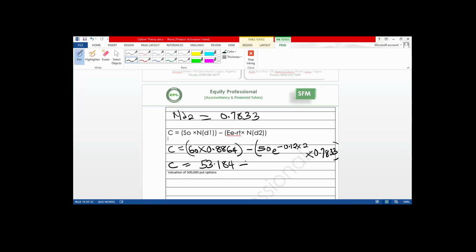Then get your answer. You are going to get 39.331393. Now multiply by 0.7833.